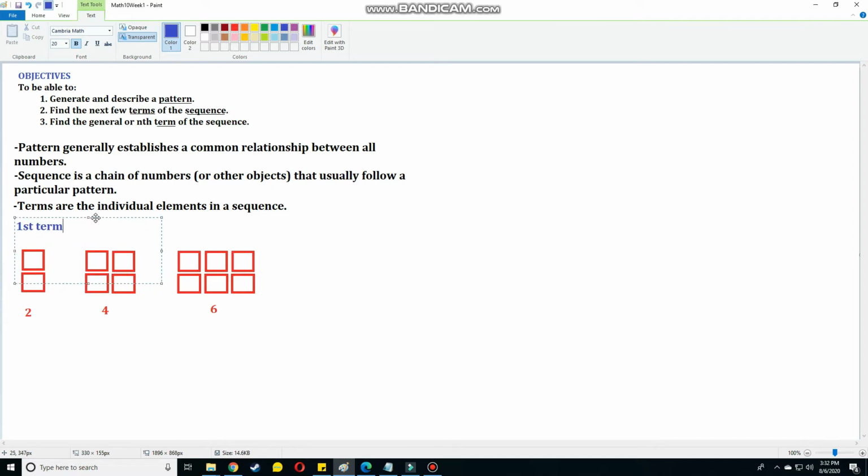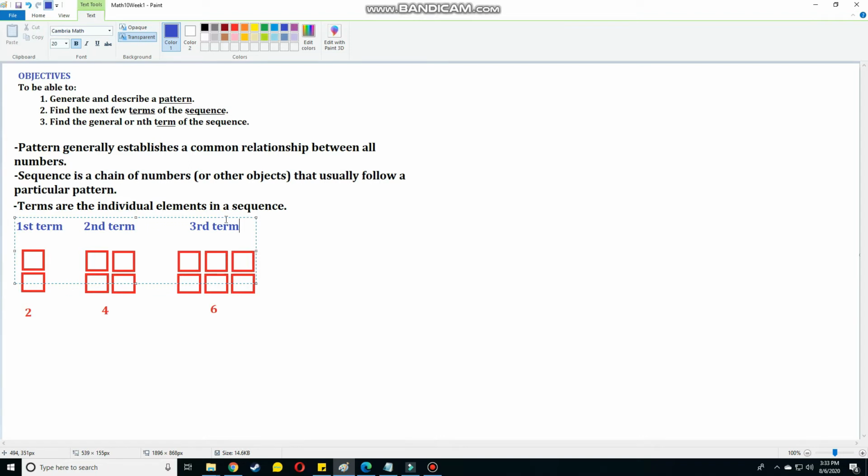Then this one is our second term, and we have the third term.